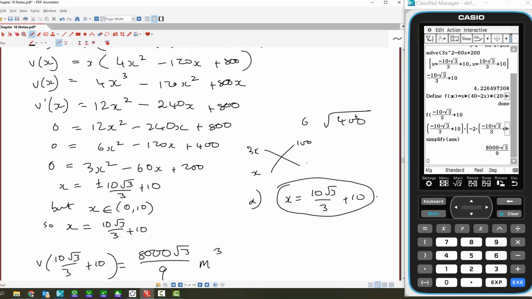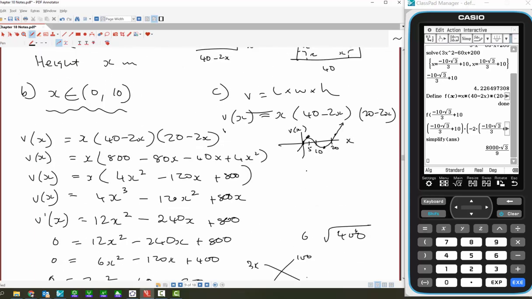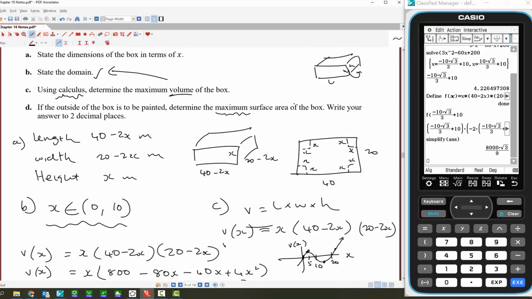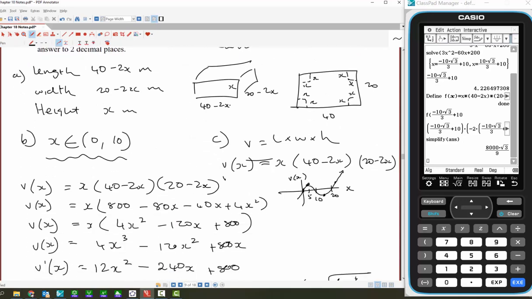So we're going to use that value there to actually find out what the surface area is going to be painted. So it's only the outside of the box. So it's going to involve us painting this, so two of them to get the back and that, and then the underneath.